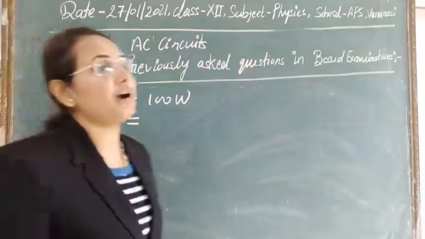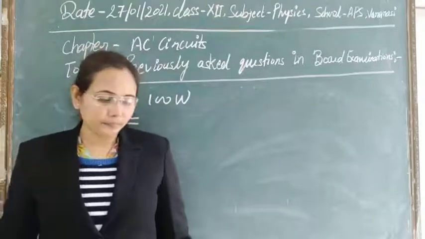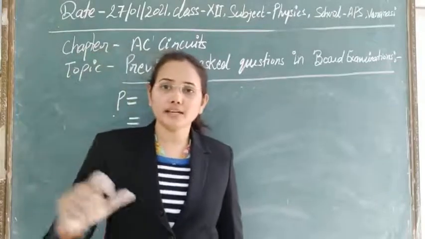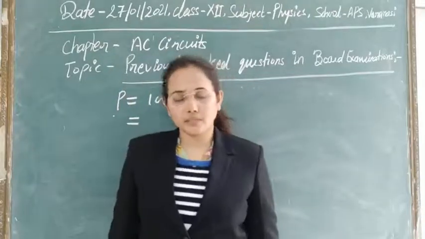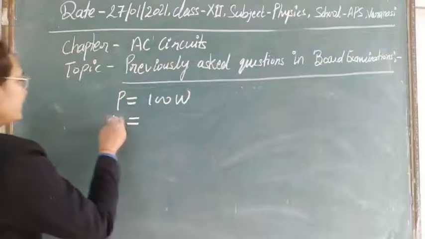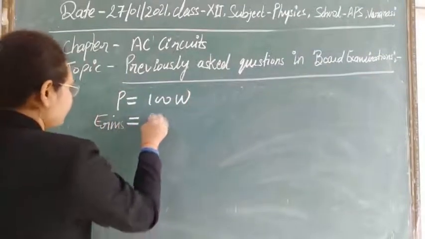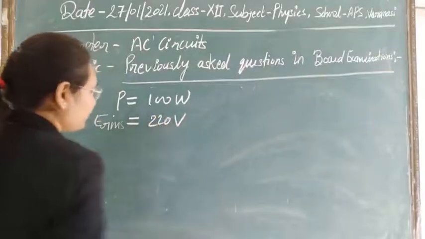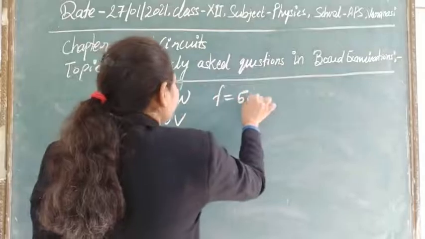You already know that the voltage in your house is the RMS value. So E_RMS is given, E_RMS is equal to 220 volt, and the frequency f is equal to 50 hertz.